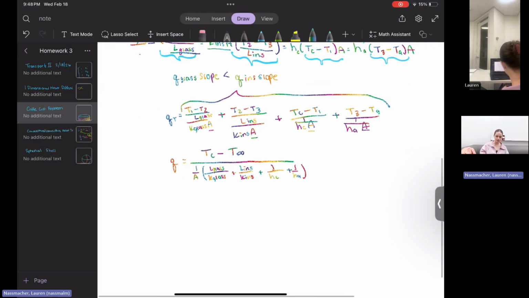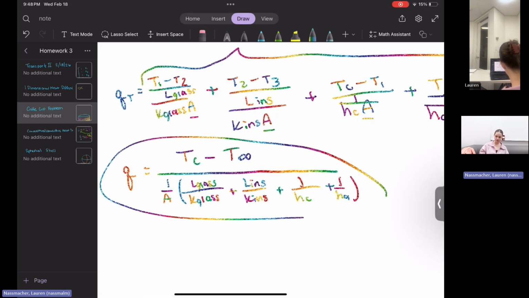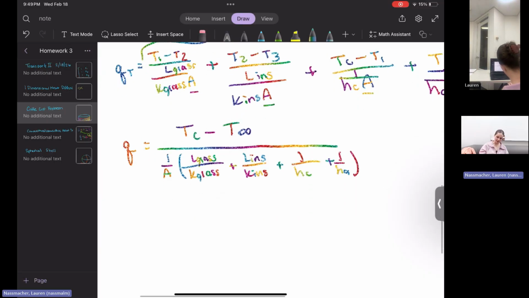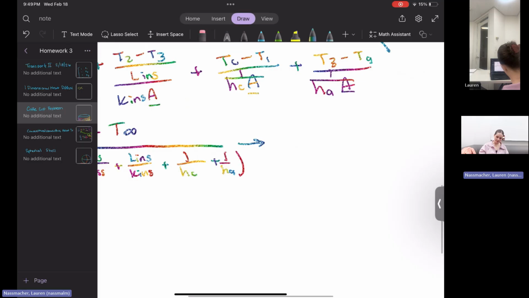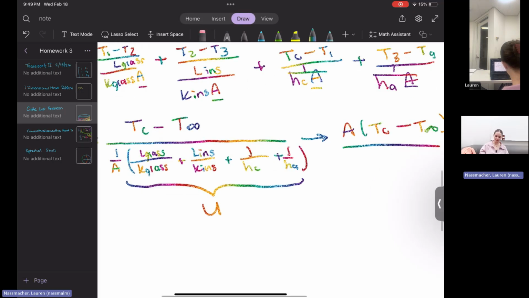And there we have our general massive equation for the heat transfer process of our coffee cup problem. And if you really want to continue to simplify this, we now have that area times our change in temperature divided by this, we'll call this the ultimate heat coefficient.